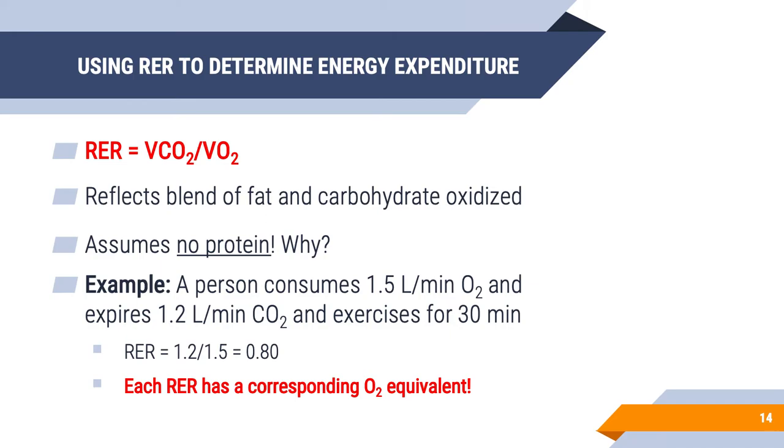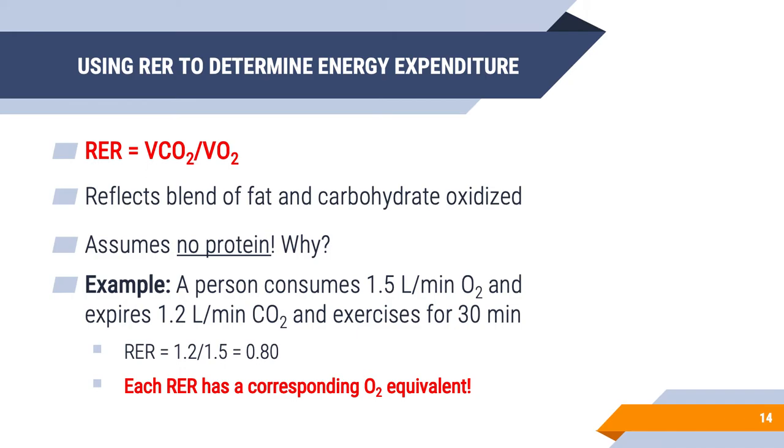This can reflect the blend of fat and carbohydrate oxidized, but it assumes that there's no protein oxidized, and this is because our predominant fuels during exercise are carbohydrates and fat, and protein is only utilized in situations of extreme metabolic perturbations such as starvation. But in a typical, normal, healthy scenario, we are not oxidizing a large proportion of proteins. It's largely fat and carbohydrate.